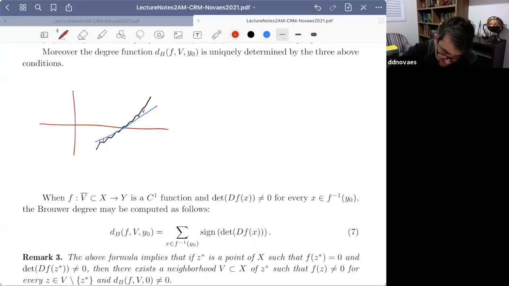Let's say this is a homotopy between these two functions. We can use this new function in order to compute the Brouwer degree of the first one.